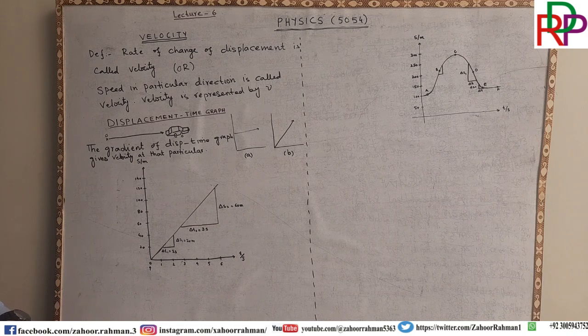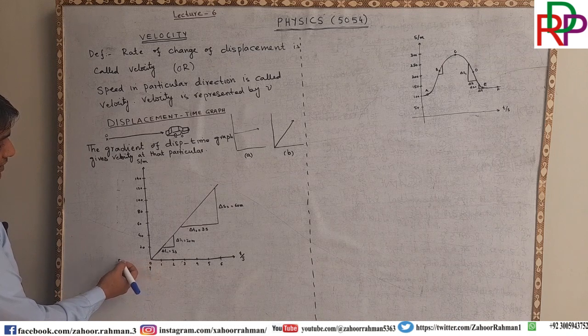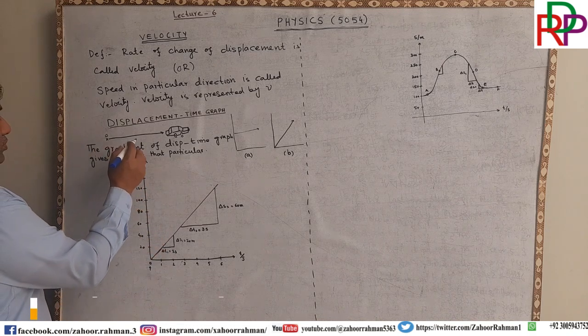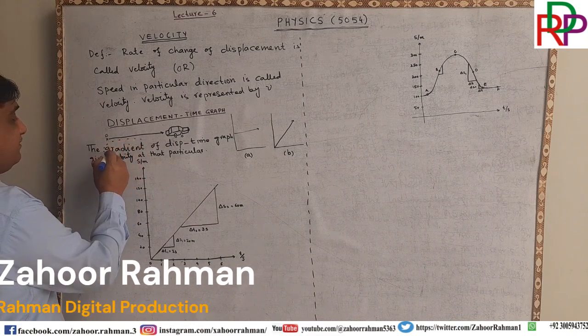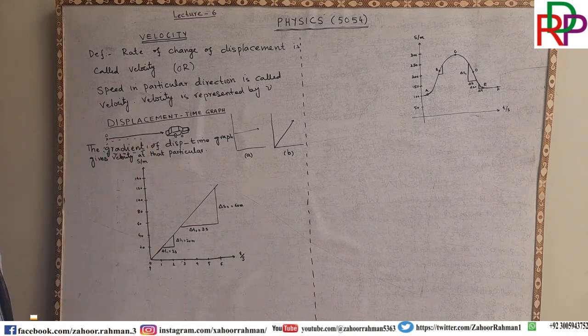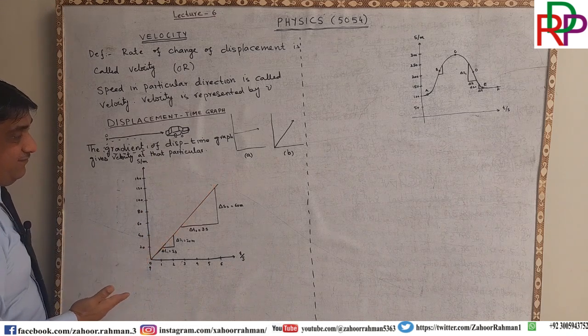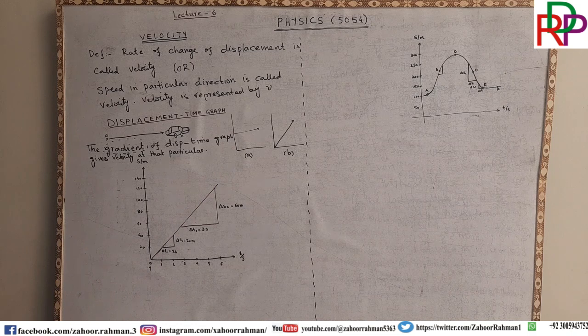It is going in the positive direction. No negative direction is there. I told you about the gradient. What is gradient? The slope of this line will give us the velocity of the body at that particular time.